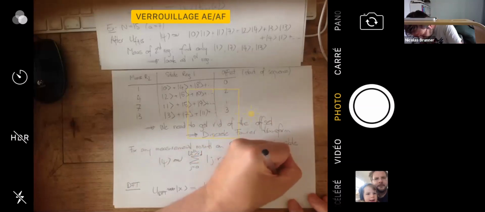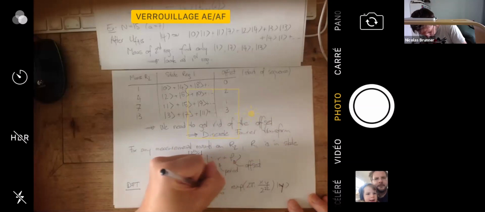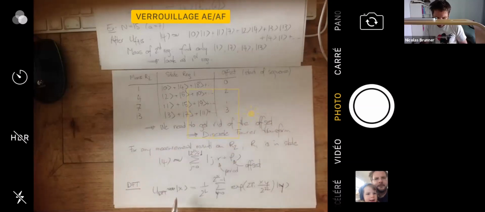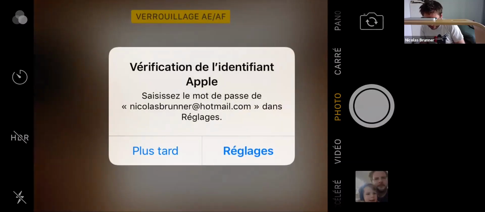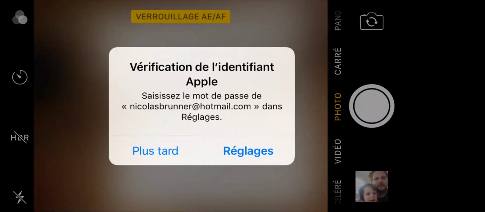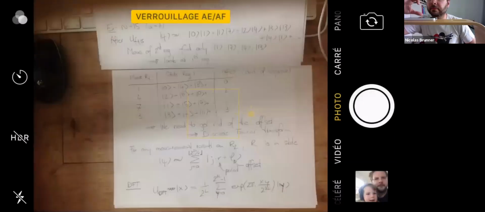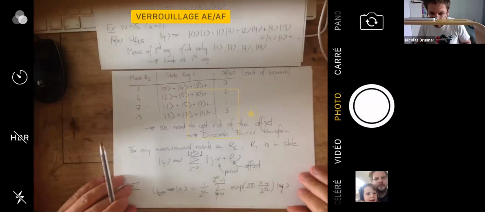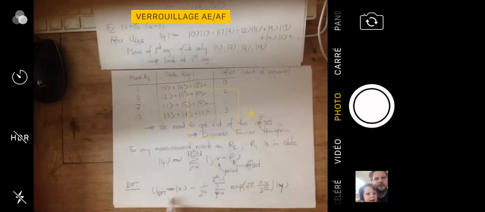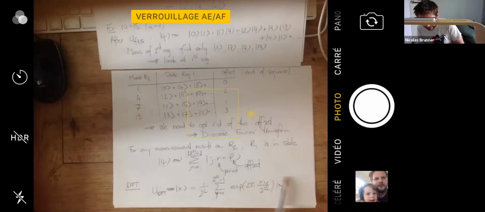You see, this is a y. When I apply this discrete Fourier transform on some string x, I essentially generate a big superposition with all possible terms. And you see these coefficients, they are somehow the Fourier transforms of x, right? So that's why this is a discrete Fourier transform.